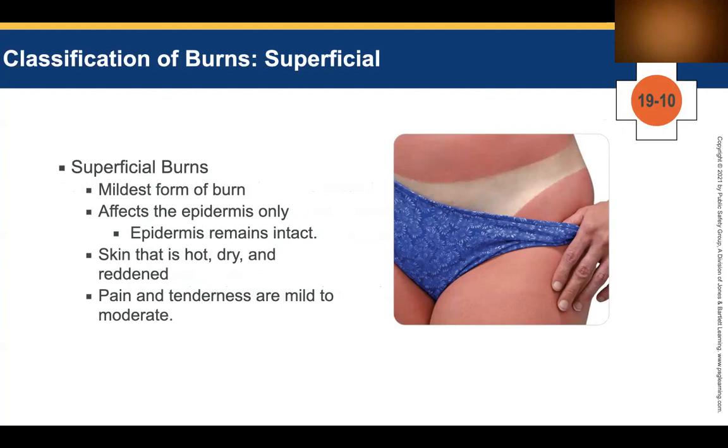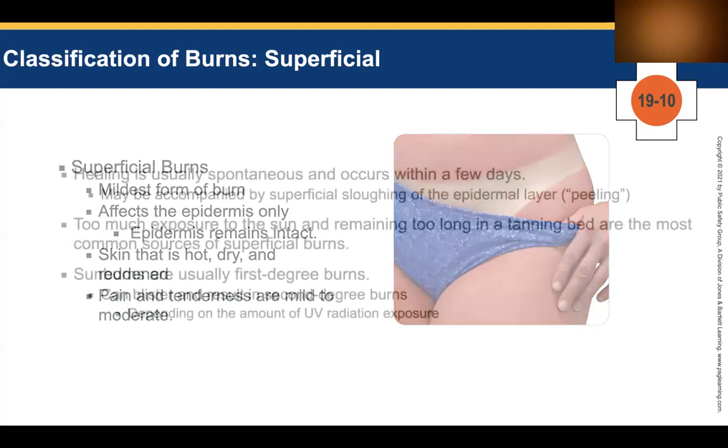The worst thing that you can do is put some type of ointment on it that traps the heat in. You want to put something on that's usually alcohol based, and it evaporates and cools the skin. You don't want to trap that heat in. That can cause worse damage or worse pain, and quite frankly, make the healing process longer.